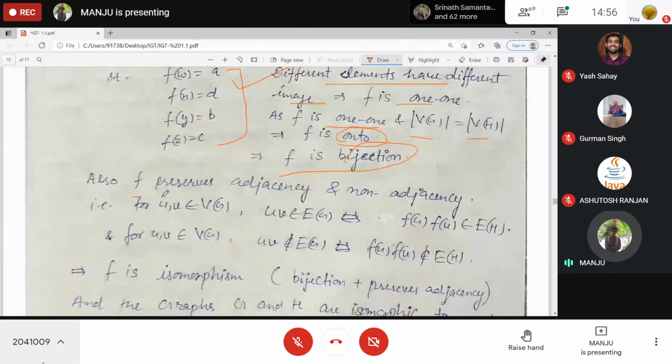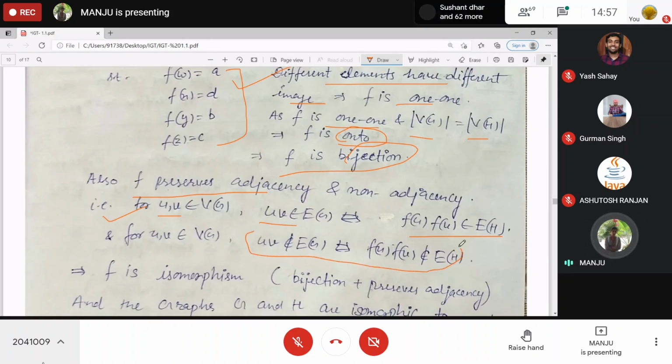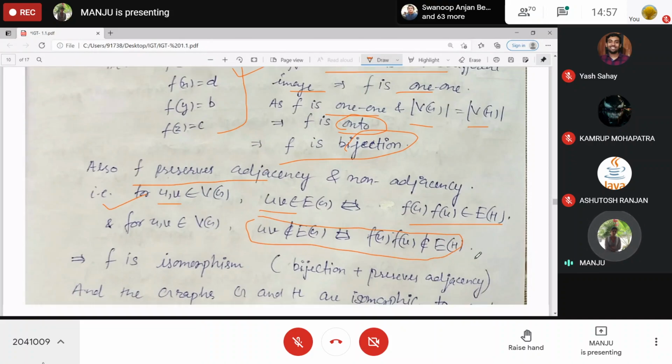So you can just write this definition for all the vertices U and V: UV is an edge in G if and only if F(U), F(V) is an edge in H. Or you can say UV are adjacent in G if and only if their corresponding images are adjacent in H. And the same is happening with non-adjacency. That is, if not adjacent, then their images are not adjacent, right?